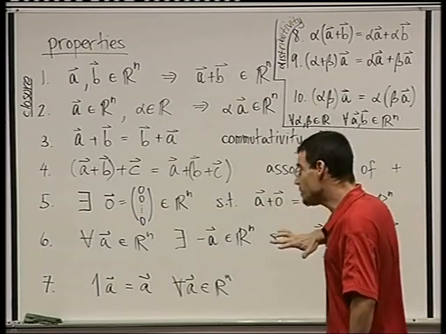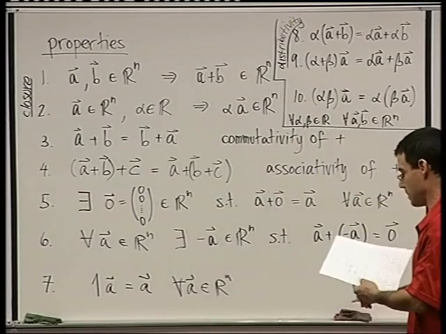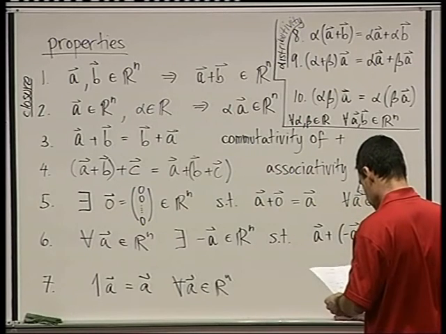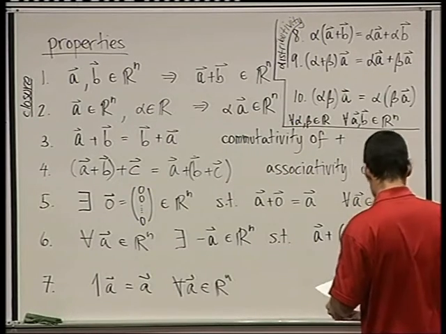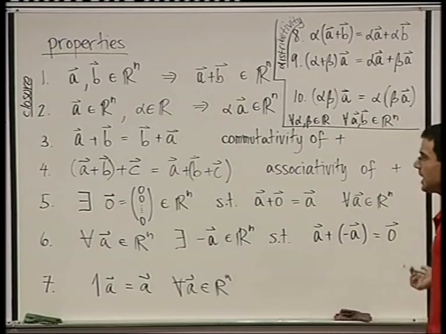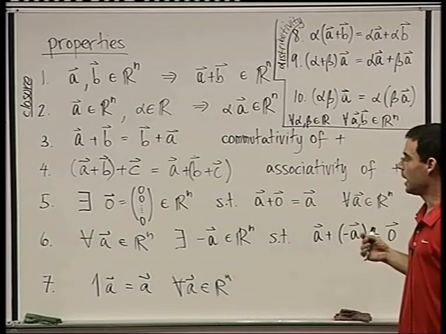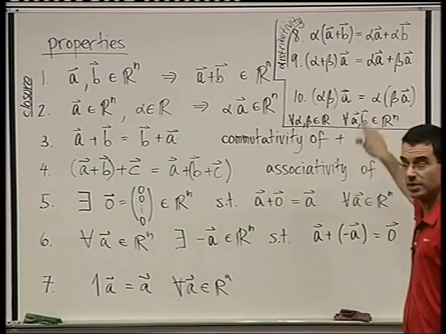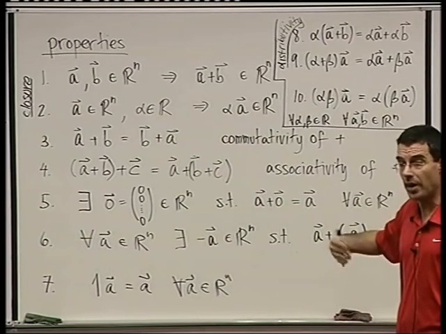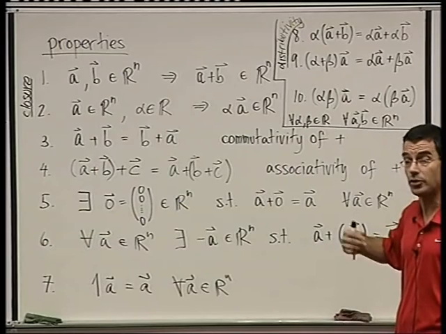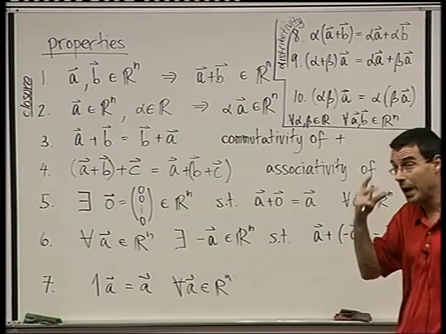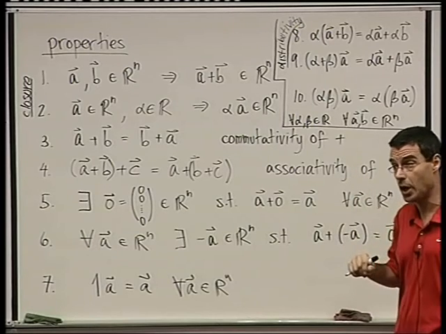Okay, but before we do that, I want to discuss the vector space Rn just a bit more. So what I want to say is that there's more to Rn than just these 10 properties. Okay? For Rn, and in particular for R2 and R3, we have a geometric visualization of them. We know how to think of them in terms of geometry.